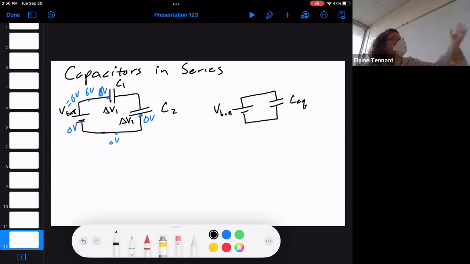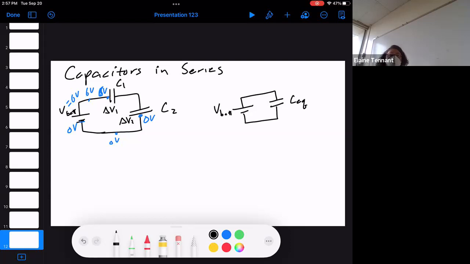Okay, so going across the top, as long as I'm on a wire, I'm at the same potential. So if I started the battery at 6 volts, I'm at 6 volts until I hit that first capacitor. I know there's going to be a change in potential across the capacitor. I don't know what it is. And so now I'm going to start at the other side. So 0 volts at the bottom of the battery, I work my way across. I'm at 0 volts until I hit the second capacitor. Now I know there's another potential difference across that second capacitor.